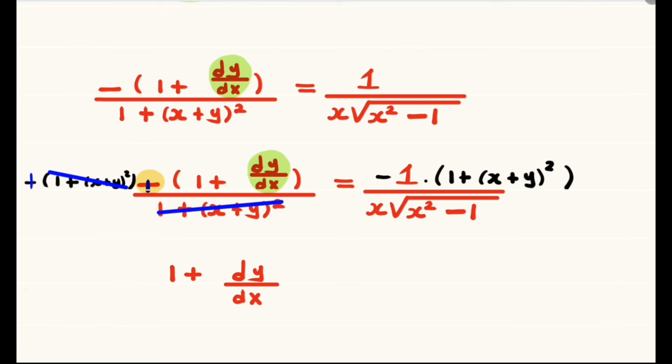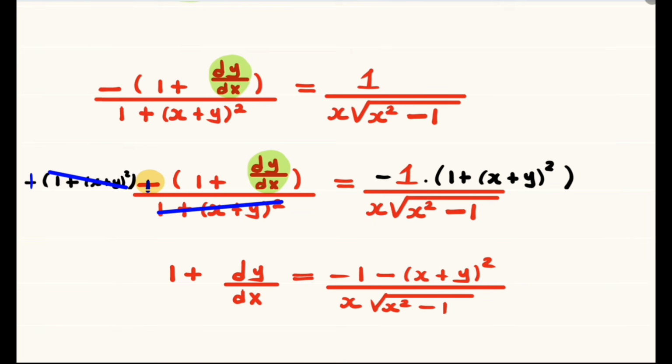is equal to, on the right hand side, we are going to distribute the negative sign. So we are going to have negative 1 minus the x plus y raised to the power 2 divided by x multiplied by the square root of x squared minus 1.